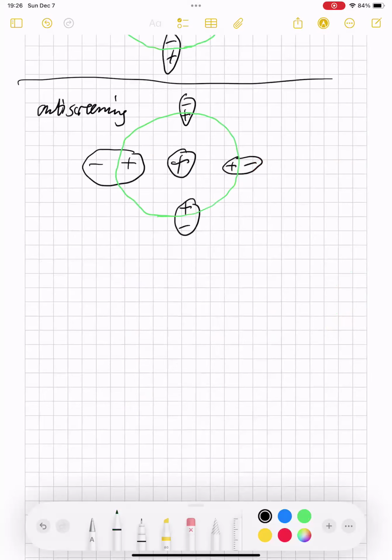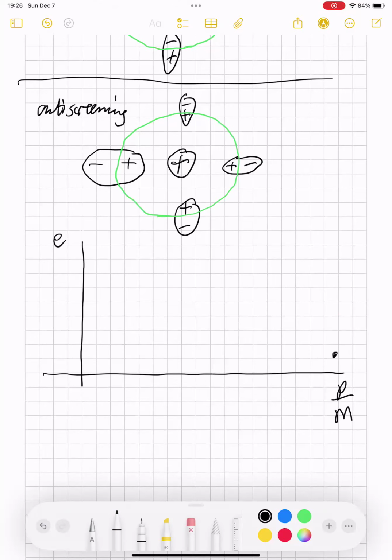So if we now were to take a look, what is the strength of the coupling as a function of log P over M, so as a function of scale? At high energies, it'll have some value, but as we flow to lower energy, think again: here we've got our plus charge, and that's the size of the sphere that we can resolve.